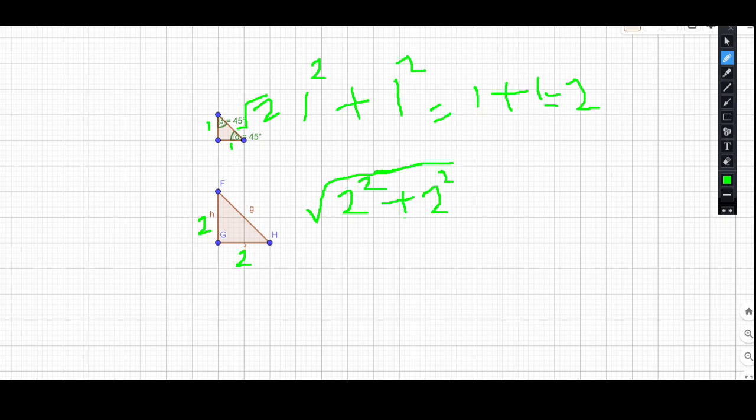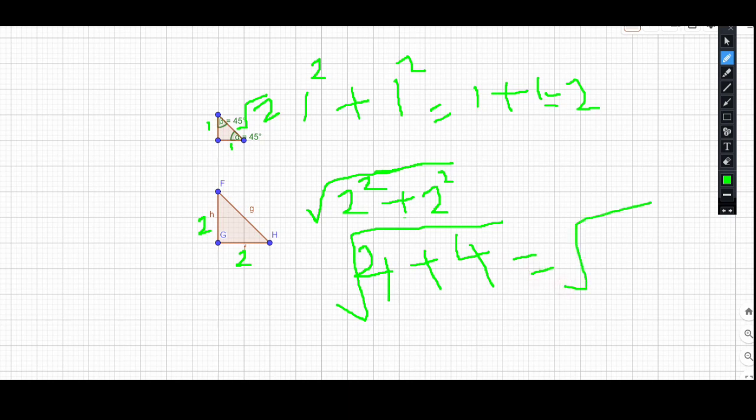What is 2 square? 2 square is 4, plus 2 square is 4. So root of 4 plus 4 is root 8. How do we simplify root 8? Root 8 is root of 4 into 2.